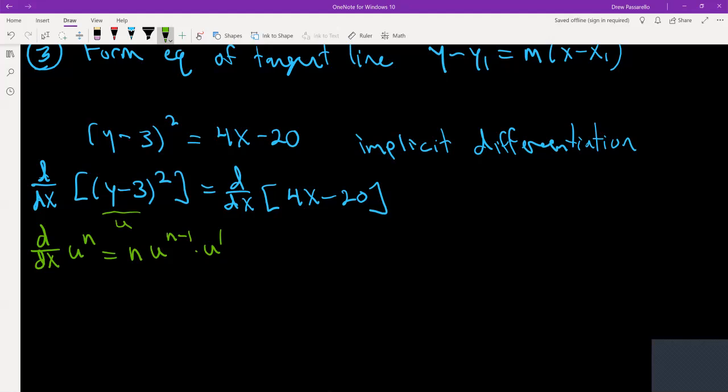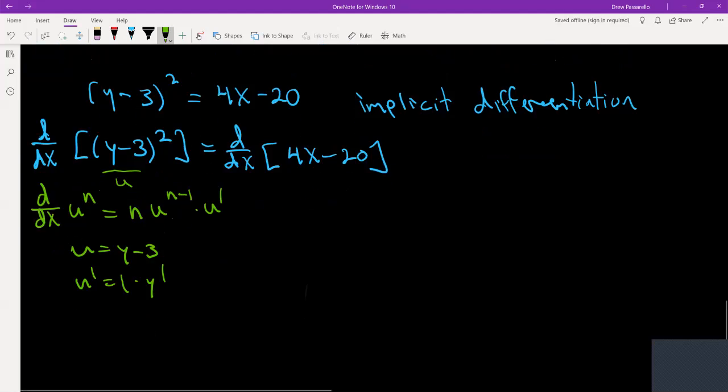The derivative of y minus 3 is just 1. So u prime is 1, but since I have the variable y, I need to attach a y prime to it, because I took a derivative with respect to x of the variable y. And so every time we do this, we always attach this y prime.